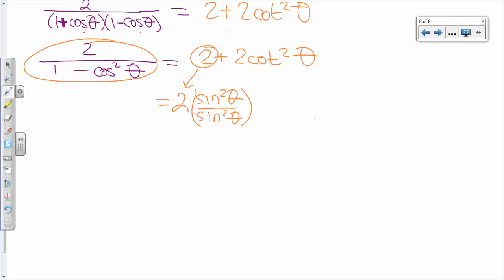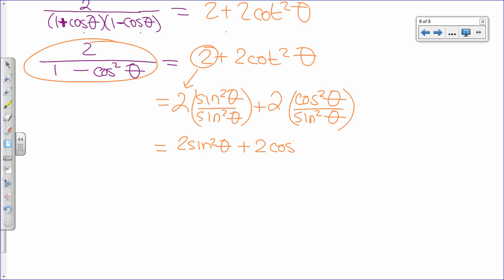And then here, I'm going to have plus 2 times cosine squared, not sine squared, but cosine squared, because we're talking about cotangent. So cosine squared theta over sine squared theta. Now I'm going to go ahead and multiply. So 2 times sine squared theta plus 2 times cosine squared theta.